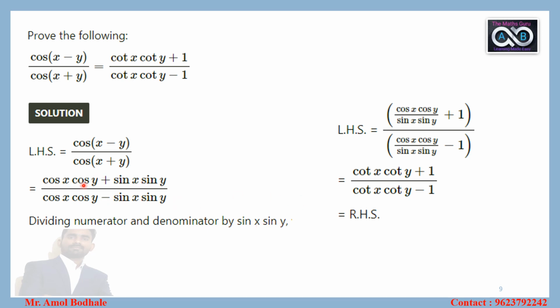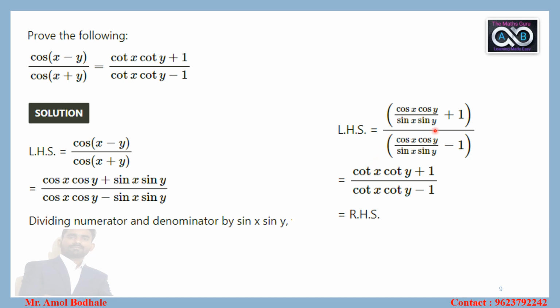Cos x cos y divided by sin x sin y plus sin x sin y upon sin x sin y, which will give us 1, divided by cos x cos y upon sin x sin y minus sin x sin y upon sin x sin y, which is 1. Yes, now here you can observe the angles x and y are the same. And what is cos upon sin?